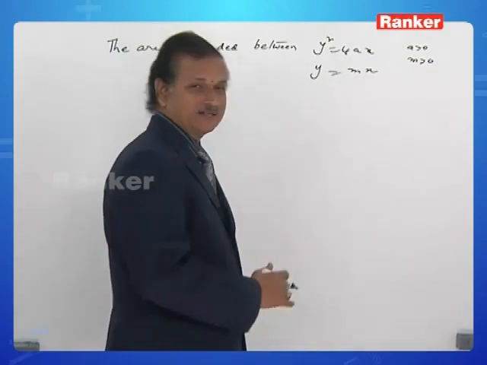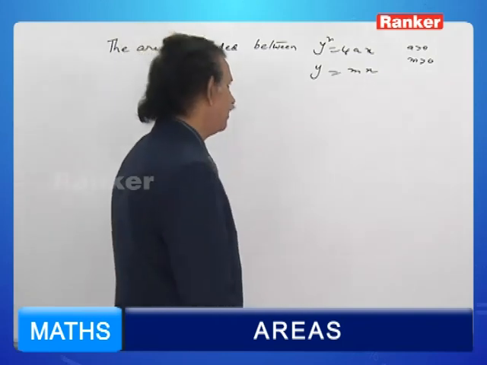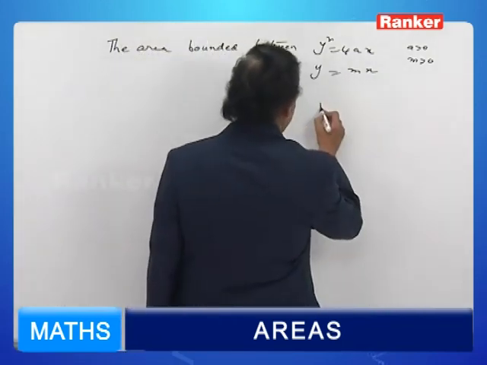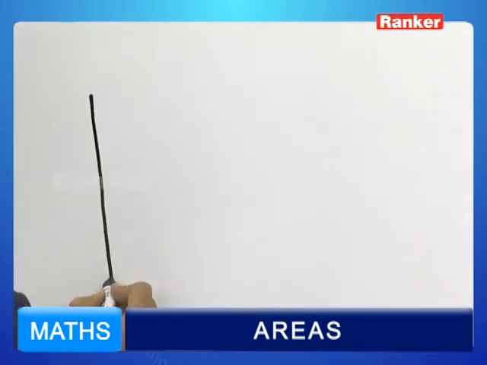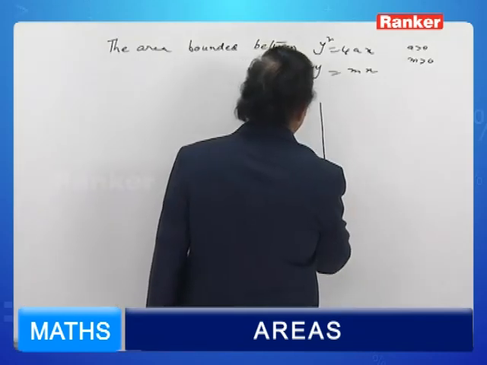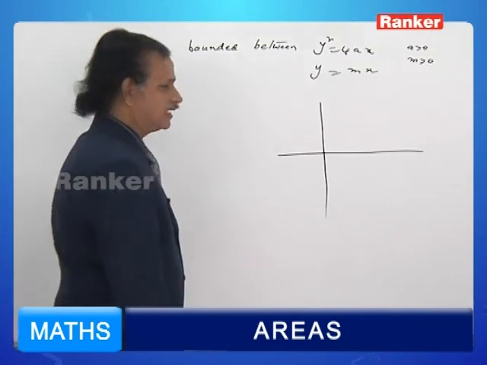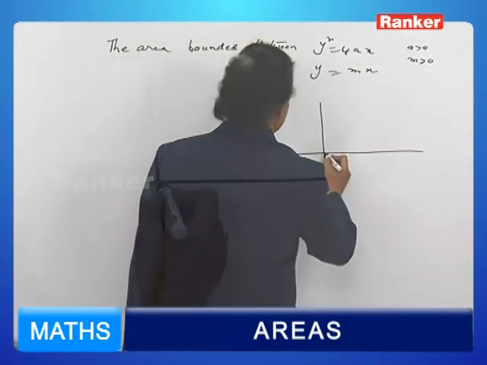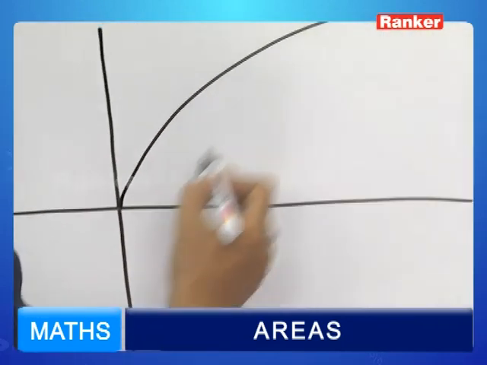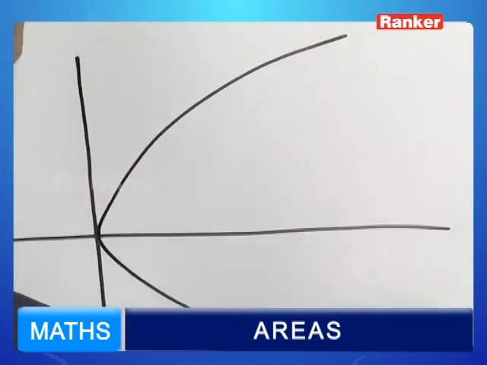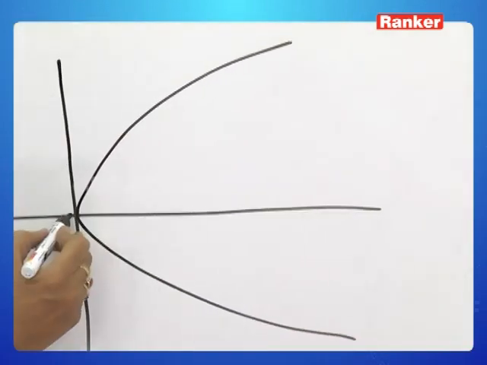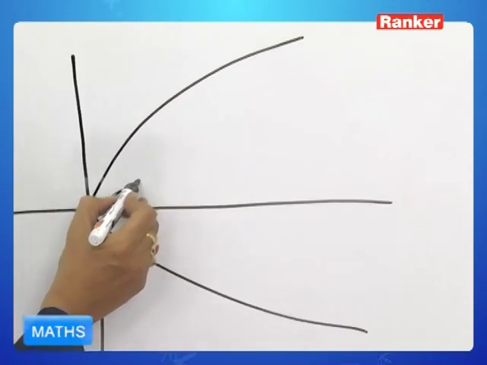By the way, what is the pictorial appearance of this area? Let us draw the x-axis and y-axis. Y square is equal to 4x and y is equal to mx.